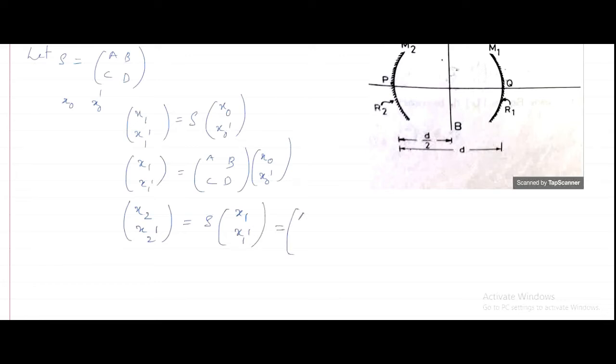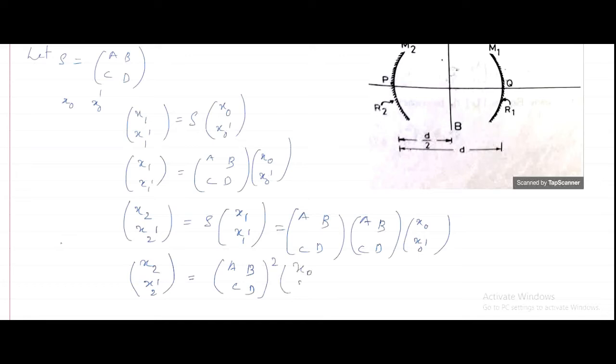This is equal to [A B; C D] [A B; C D] into x0, x0 dash. Or we can write x2, x2 dash equals [A B; C D]. As it appears two times, we can write it as square into x0, x0 dash.